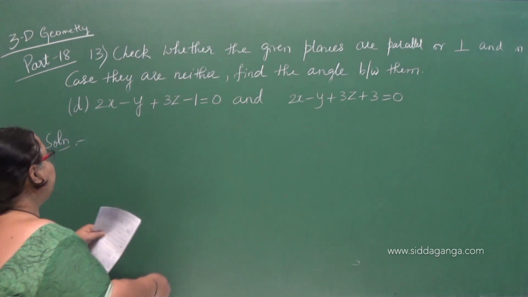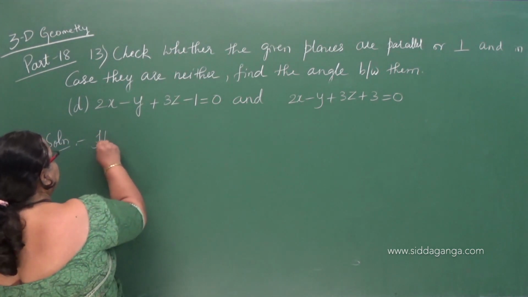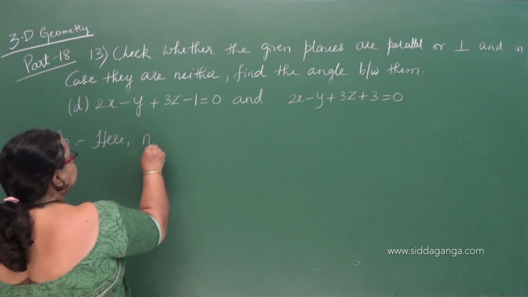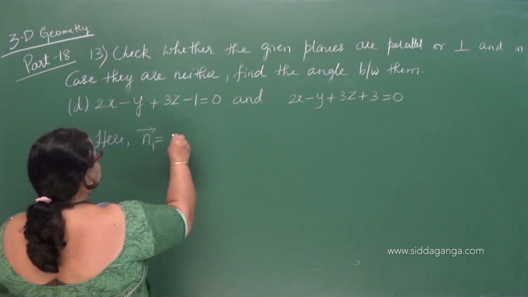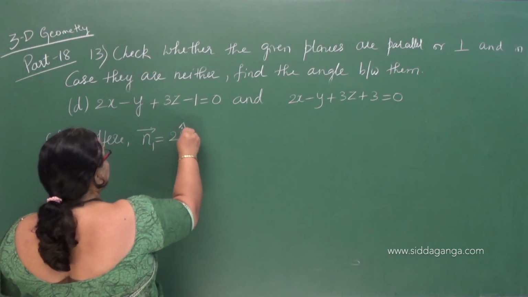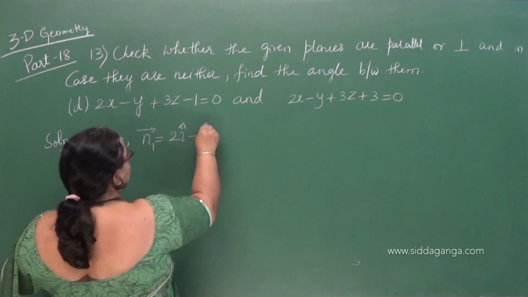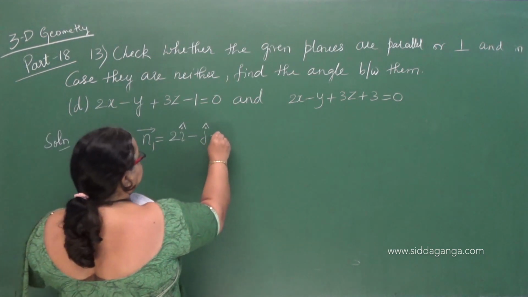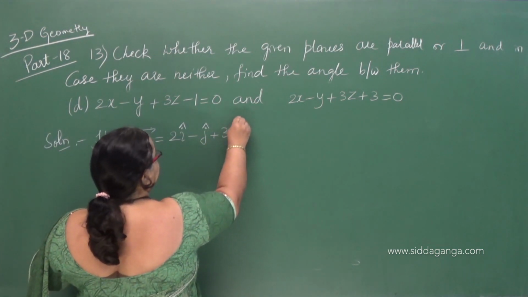So here, for the first plane, the normal vector is 2 into i cap minus 1 into j cap plus 3 into k cap.